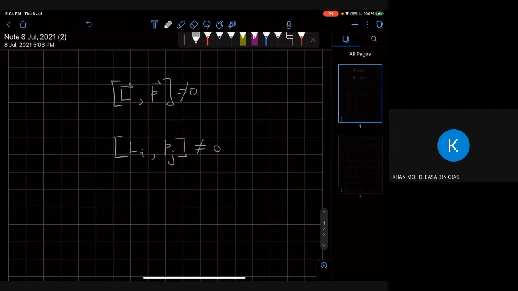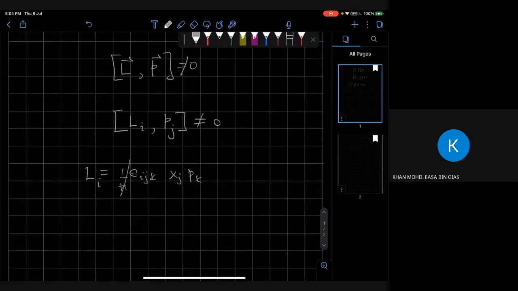So you have to, of course, calculate this too. So L is, as you know, L_i is given by epsilon_ijk. We can divide it by h bar, but we are taking h bar to be 1, so this is just 1. Then this is going to be x_j p_k. These are all operators.